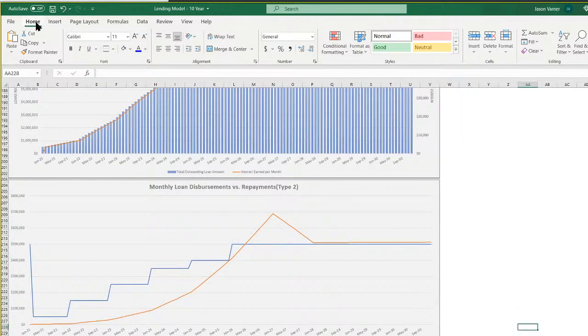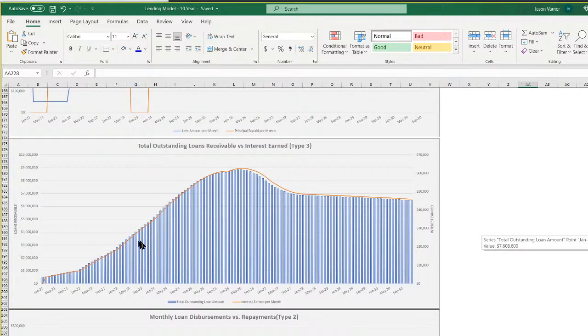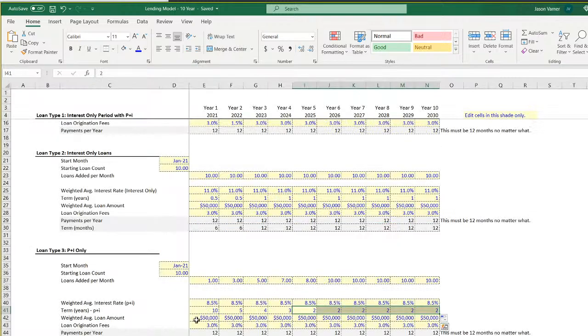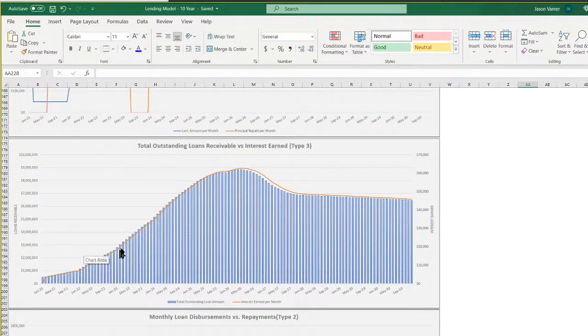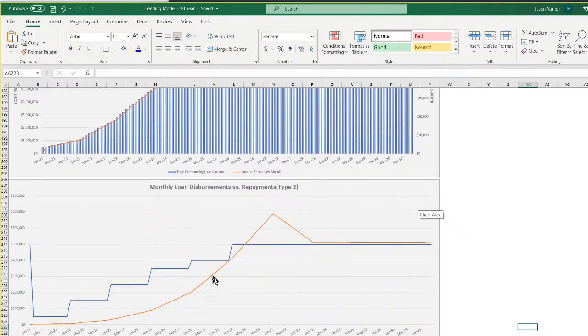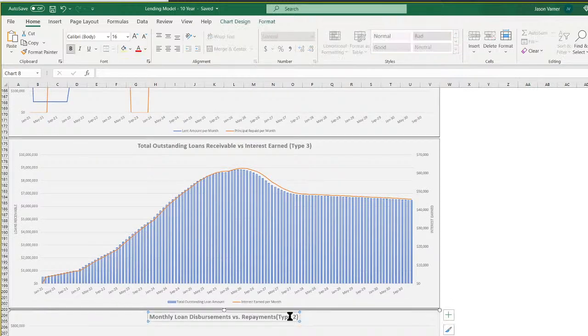That's kind of crazy looking. That's really cool. So there's a lot of strategies you can think about for your plans for your loans, the terms, the rate, the amounts, the count. You can look here and see the high-level effects over 10 years of how much you're lending out versus what's being collected. I think this is really cool.